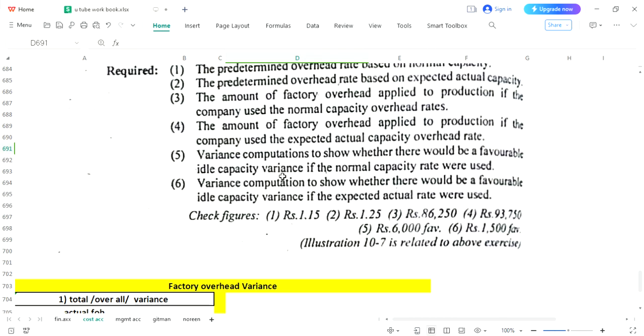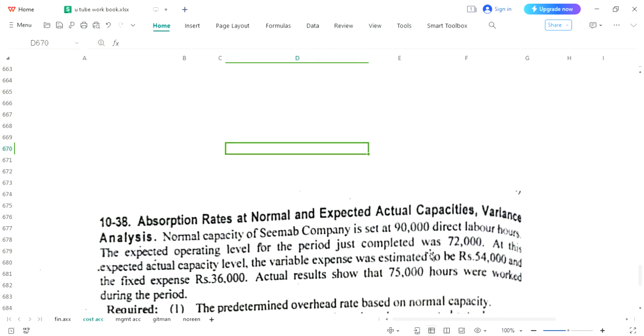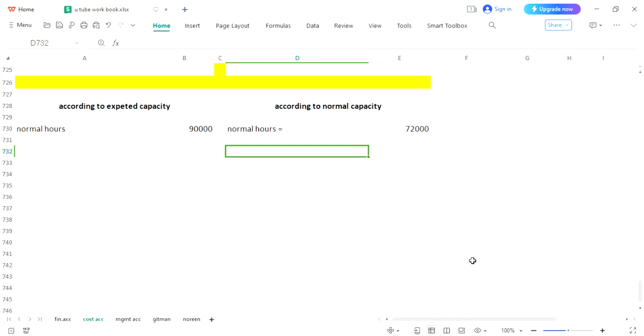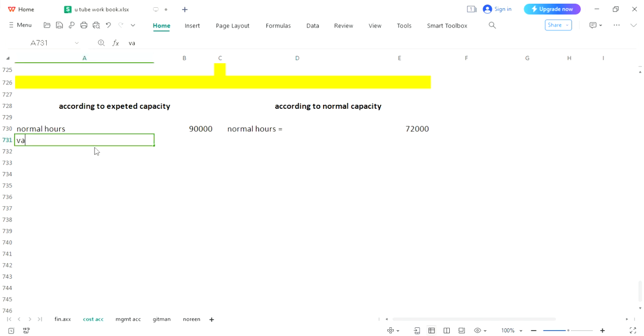Okay, and next thing is what? Expected actual. At this expected actual capacity, they are using the word expected. The variable expenses are 54,000. So we will go to the expected side and we'll see variable expense, or cost is a better word.